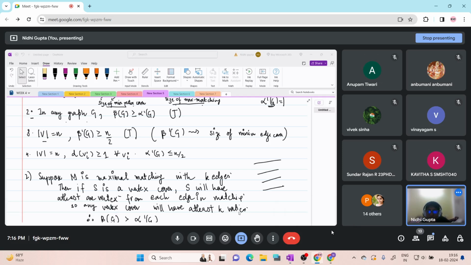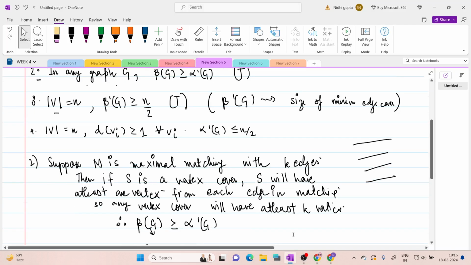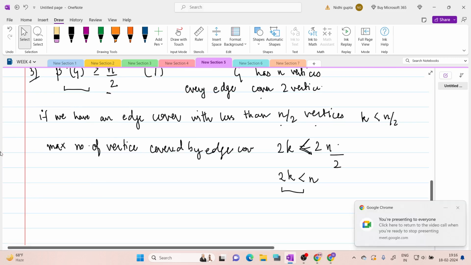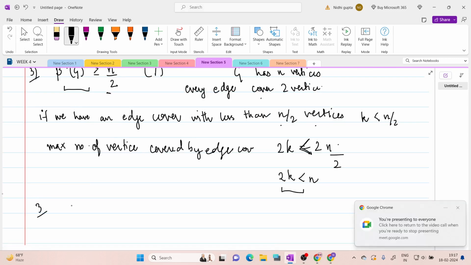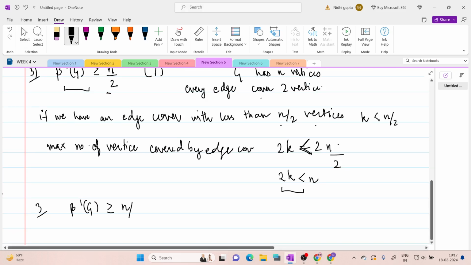Okay, so now the fourth. The fourth is: if the order of V is n and we have no isolated vertex, that is, the degree of each vertex is greater than or equal to 1, then can we say that alpha dash G should be less than or equal to n by 2? In the third we have shown that beta dash G is greater than or equal to n by 2.